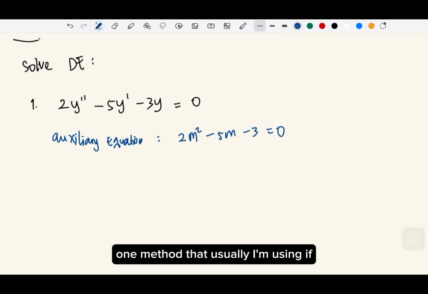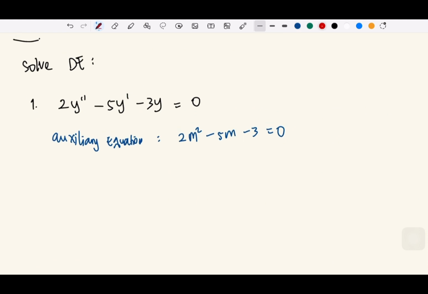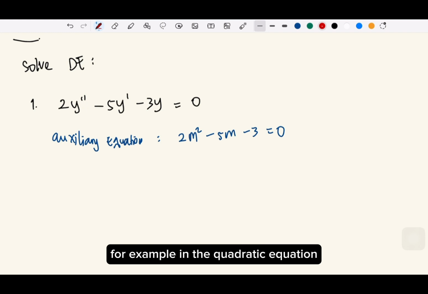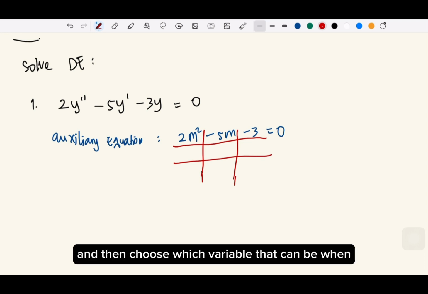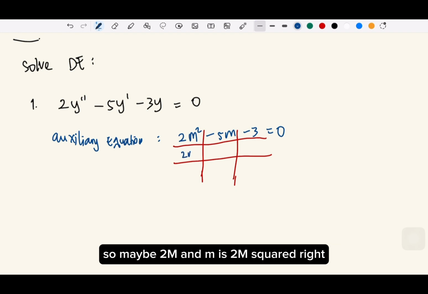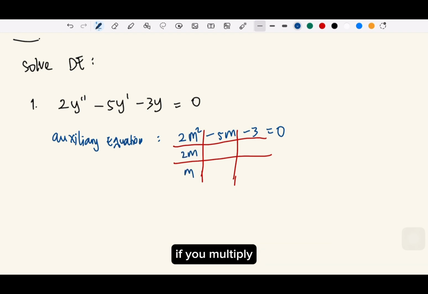One method that I usually use for a quadratic equation is to draw a table like this. Then choose which variables, when we multiply them, give the same as the original one. So maybe 2m and m is 2m squared, right, if we multiply.